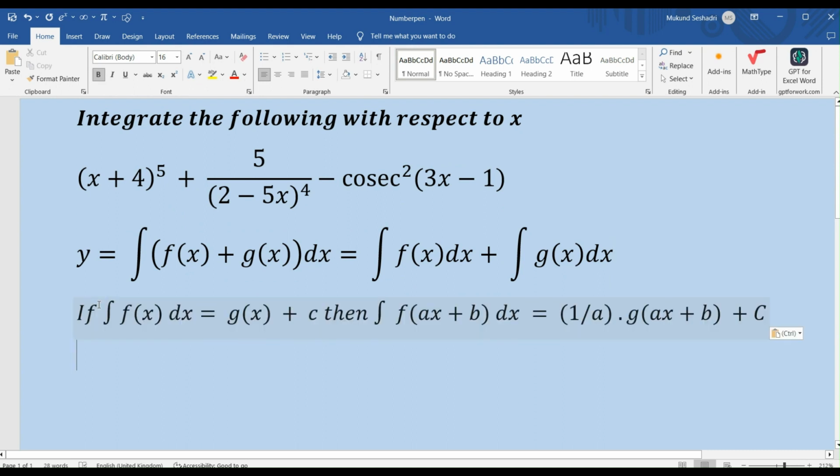Instead, I want you to remember, if integral of f of x dx equals g of x plus c, right? Then my integral of f of ax plus b dx equals 1 by a times g of ax plus b plus c, right?